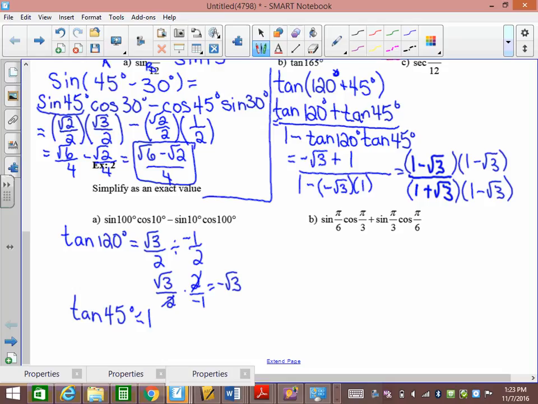So we're going to get 1 times 1, which is 1, minus root 3, what happens? That's like minus x minus x. You'd get minus 2x, right? So you're doing minus root 3, so you're going to get minus 2 root 3.